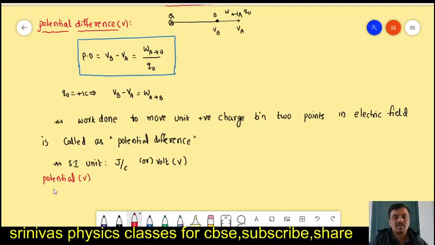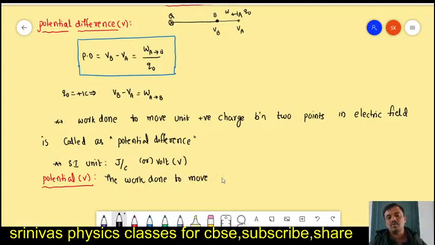Potential we can write as V. Potential difference also we can write V. And potential means this is the work done. It is the work done to move unit positive charge from infinite to a certain point in the electric field.